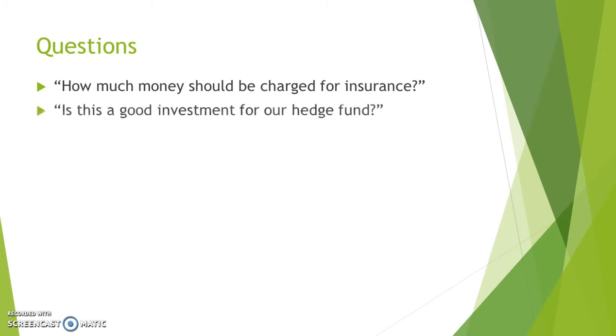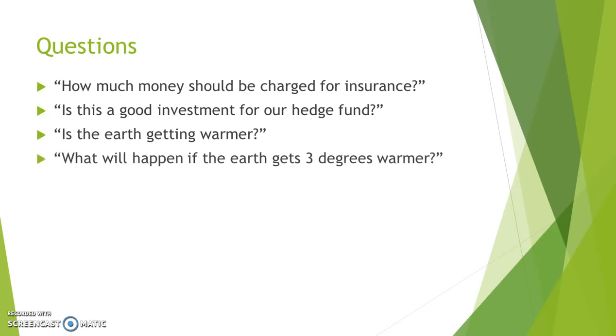We can ask ourselves what stocks or bonds we should invest in our hedge fund this year. We can ask ourselves if the Earth is getting warmer, or maybe a tougher problem. We can ask ourselves if we can prove that human activity is what is making the Earth warmer. We can ask ourselves a frightening problem.